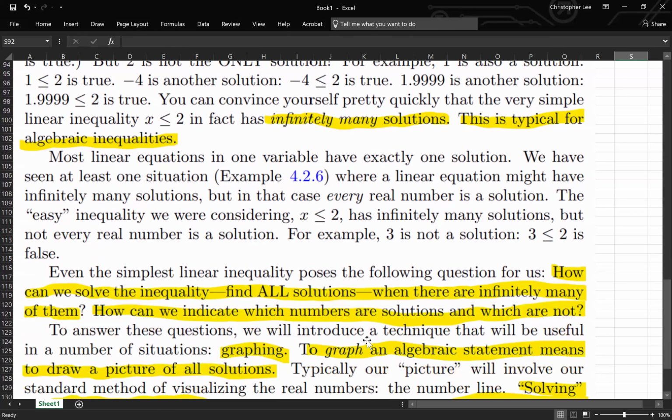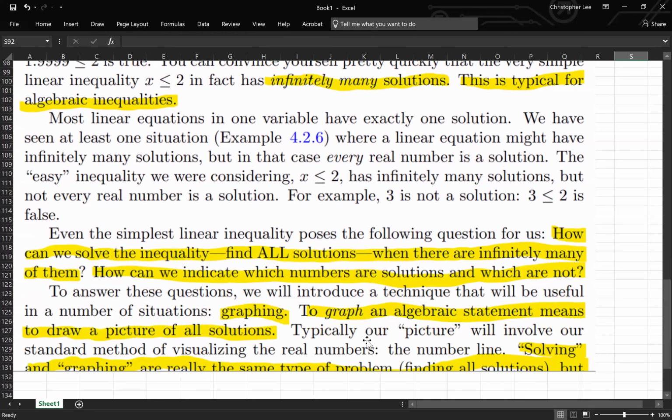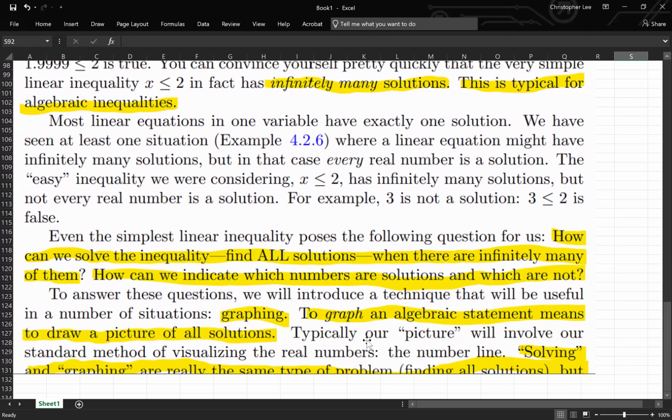So even the simplest linear inequality poses the following question for us. How can we solve the inequality, find all the solutions, when there are infinitely many of them? How can we indicate which numbers are solutions and which are not? To answer these questions, we will introduce a technique that will be useful in a number of situations: graphing.